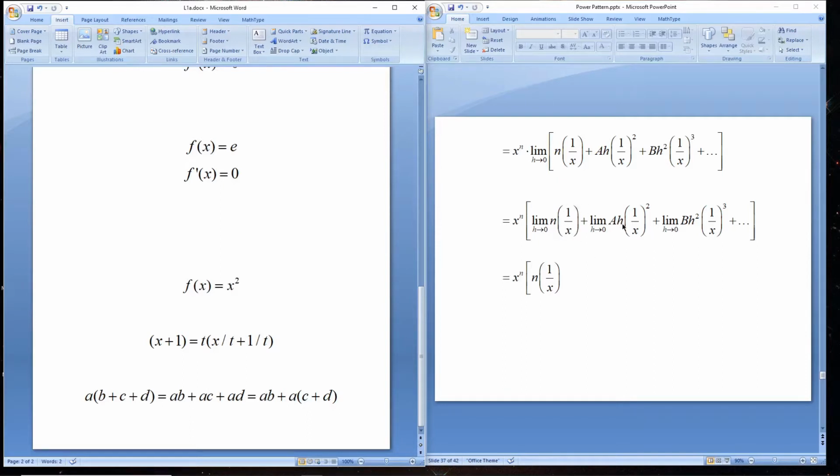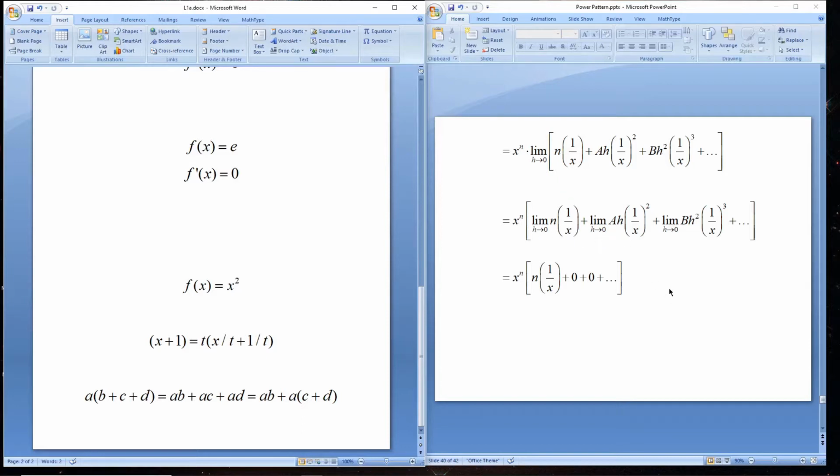Now what about this next term? Well, here's an h, so as this goes to 0, that whole thing goes to 0. And there's also an h over here, so as this h goes to 0, this whole term goes to 0, and so forth. In other words, every term in the parentheses has an h except the first one. So as h goes to 0, all the terms disappear except the first one.